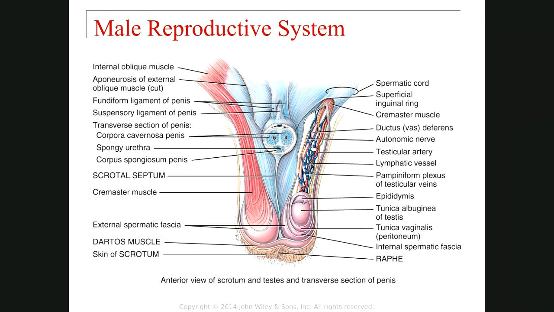This network of veins has a specific name. This name is pampiniform plexus. So the pampiniform plexus of the testicular vein turns around this vas deferens, and they can regulate the temperature here.